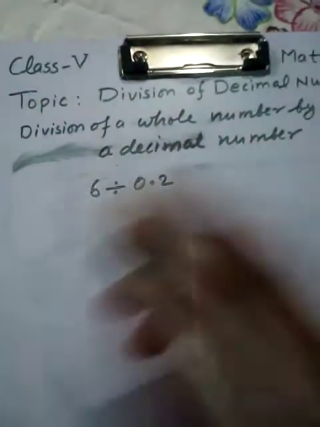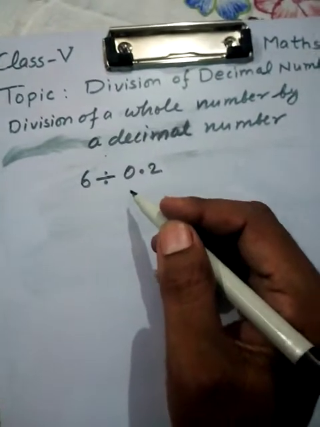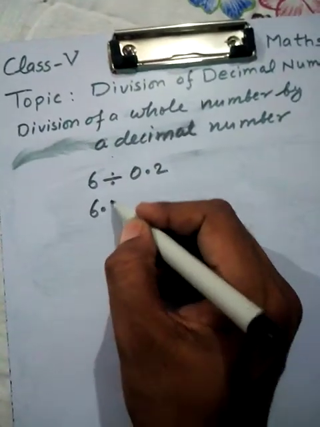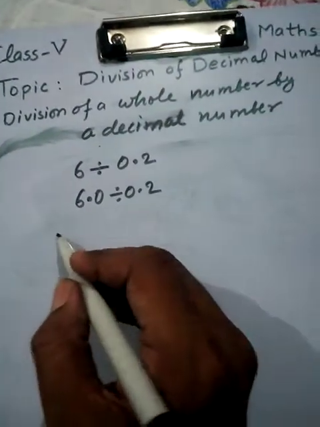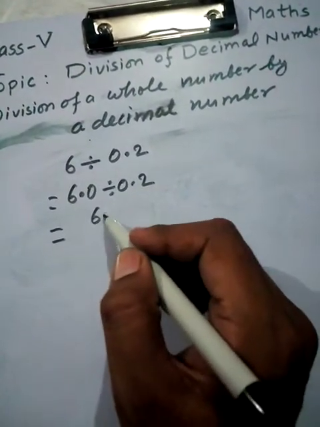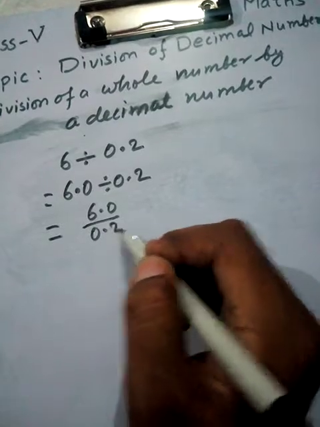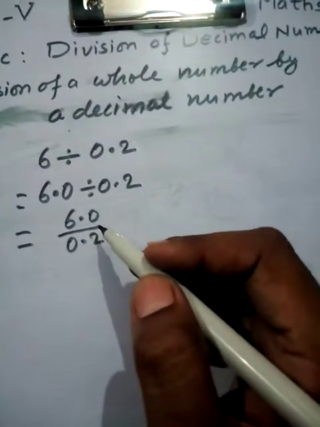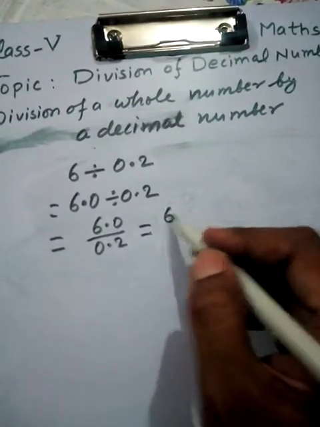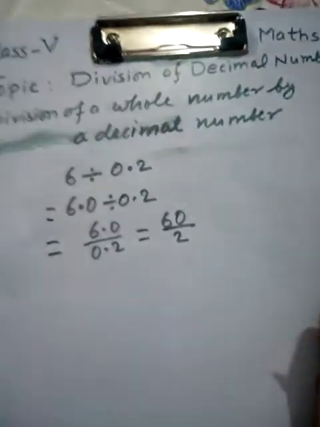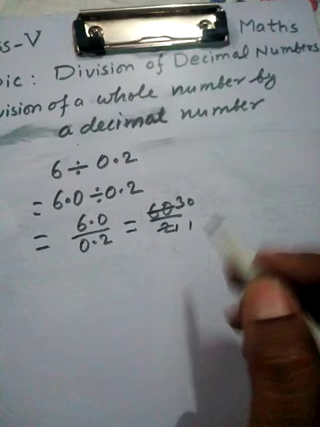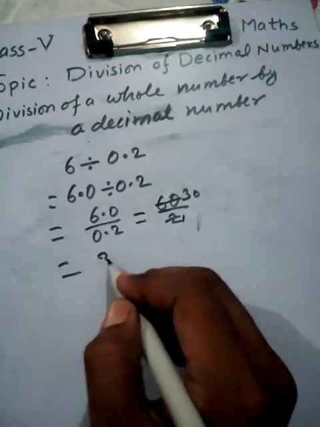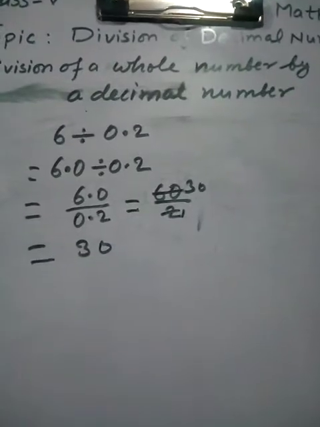So you can write it in like decimals again, 6.0 divided by 0.2. Now these are like decimals, so you can remove the decimals and it will be 60 by 2. Simply you can divide. Now it will be 30. The result is a whole number.